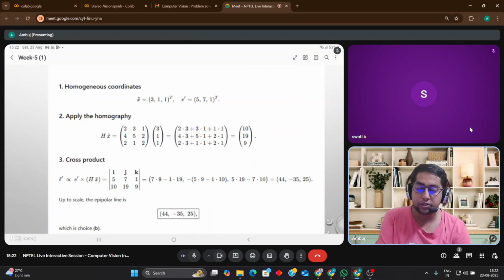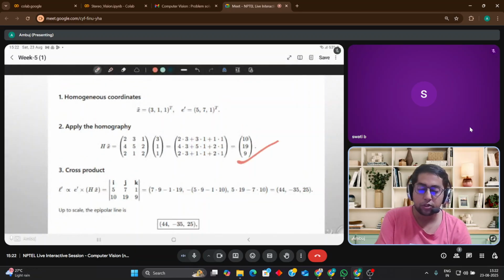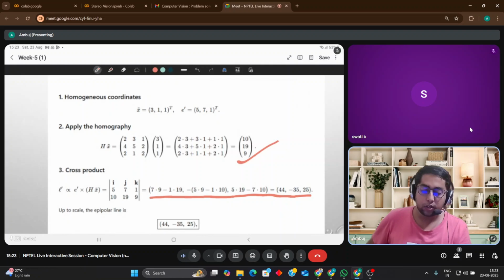L dash is proportional to E dash cross product H x bar. H x bar we have directly computed here. Now you just have to perform the cross product, and you will get 44, minus 35, 25. This is the final output.